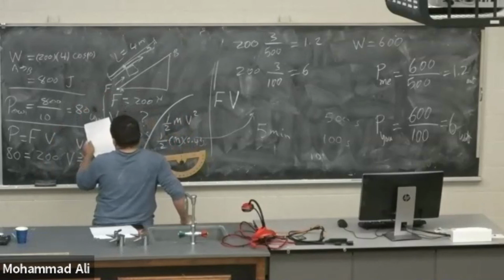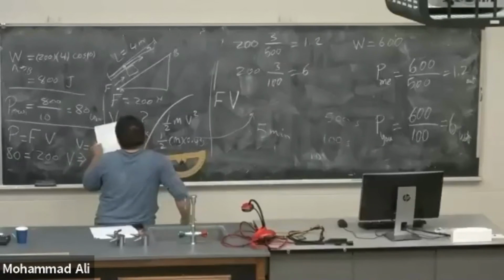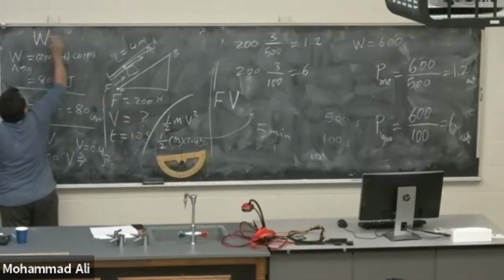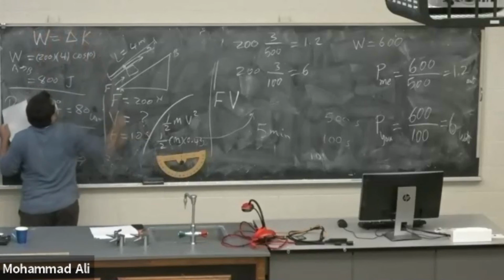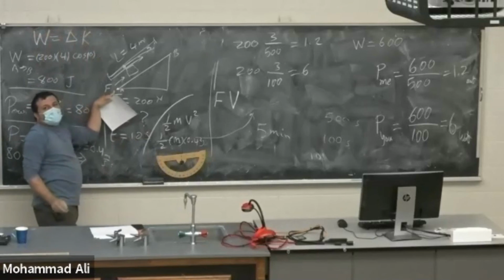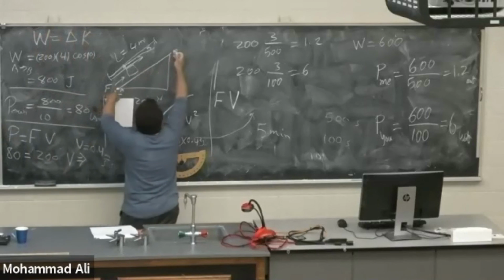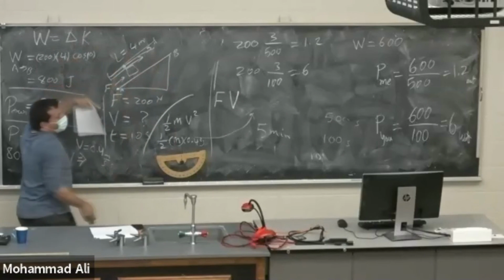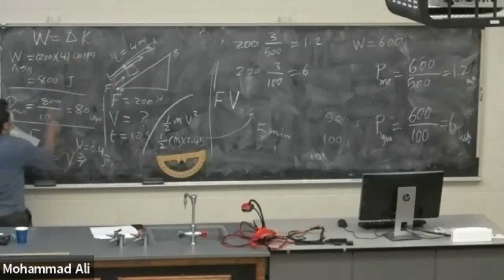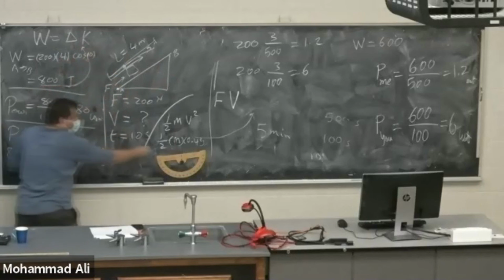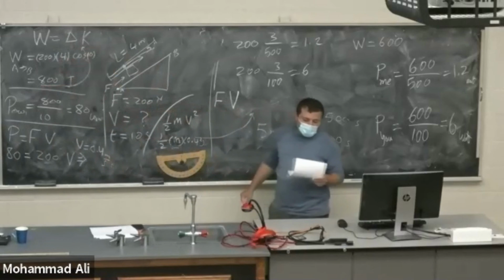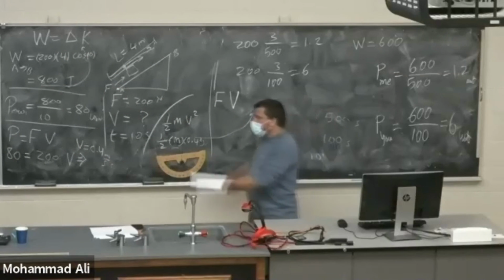Who can tell me how can I find it without knowing the mass? We know from before that the work is equal to the change in kinetic energy. The velocity was 0 here. Then the velocity starts to change. So the work is equal to the change in kinetic energy, which is 800 joules, without knowing the mass. Now I can find the mass. I didn't find the mass, but if you need to find it, find it.